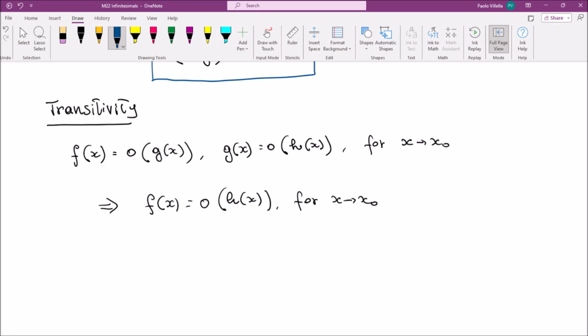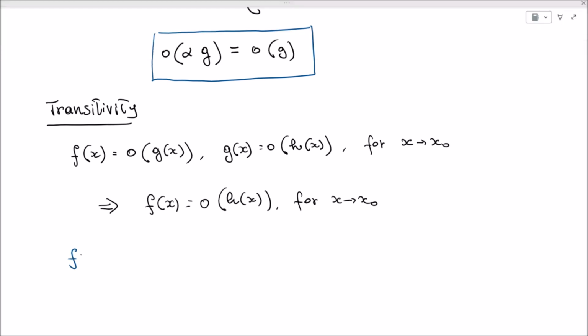Now, if we rewrite the first hypothesis, f of x equal to little o of g of x, in terms of the omega function, that means that there exists an omega 1 of x such that f of x can be written as omega 1 times g of x.